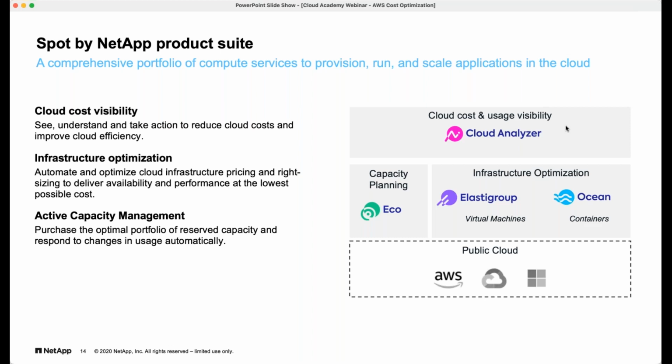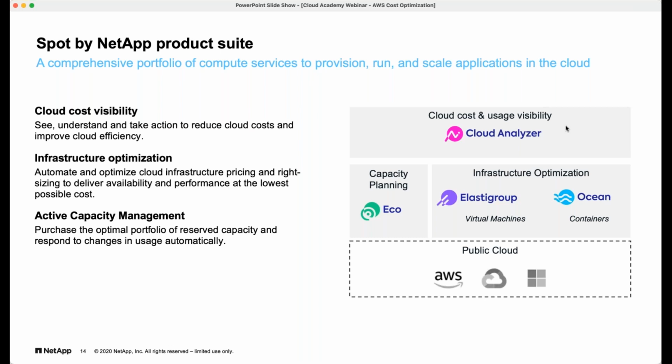So we talked about you can save easily 30 to 55% just by buying one, but you got to make sure you run the compute the whole time. If you buy commitments and you don't run the compute, you're actually losing money, and you never want to do that. What Eco does is it takes all the different ways to buy commitment capacity in AWS and automatically manages it for your cloud account.